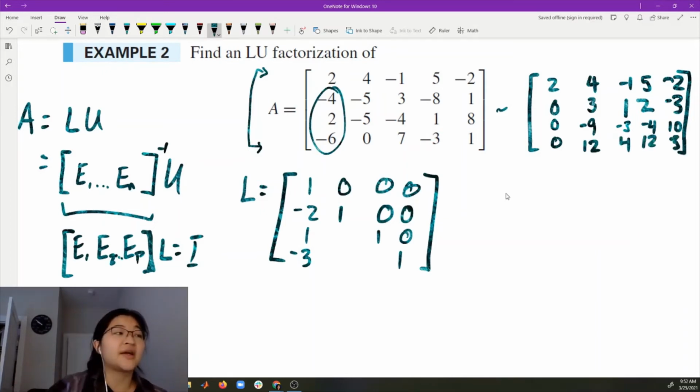And so we've kept track of the elementary row ops that we're using here, and how we've reduced.